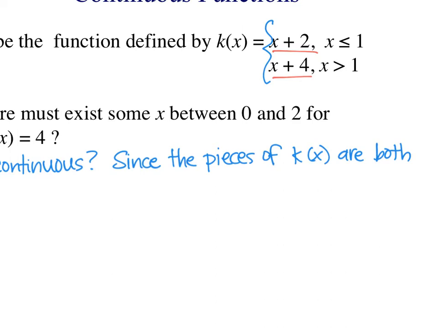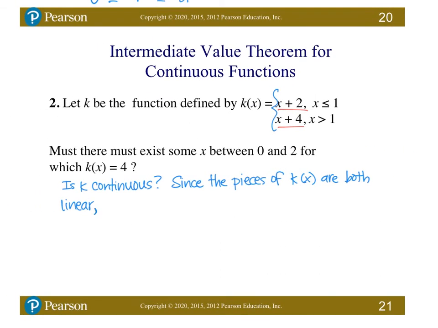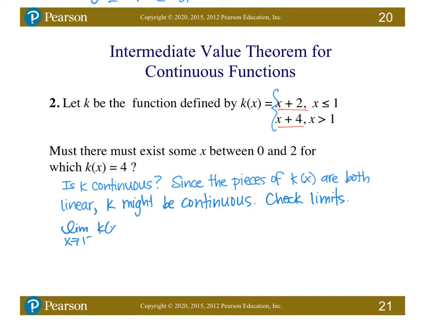So since they're both linear, k might be continuous. So then check the limits, the one-sided limits. So we're going to check the limit as x approaches 1 from the left of k of x. And we're going to check the limit as x approaches 1 from the right of k of x.